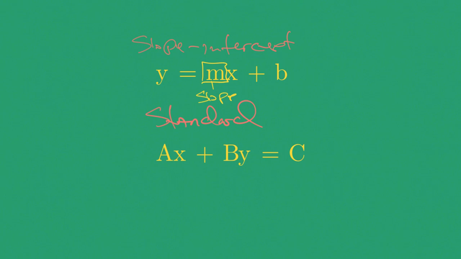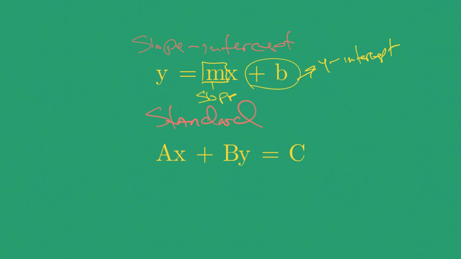Now, the other part to this is the plus b. Does anybody remember what b stands for or represents? The y-intercept. That lowercase b is your y-intercept. Hence, slope-intercept form.